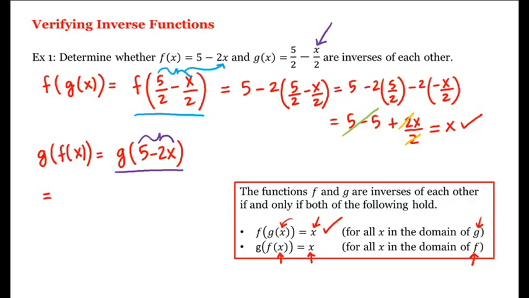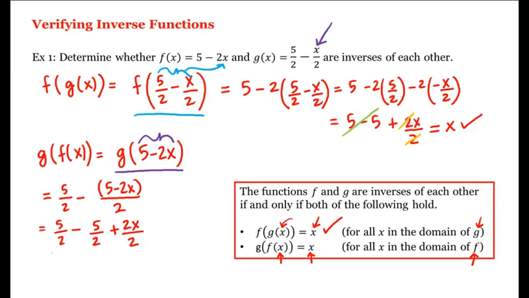That is, this is equal to 5 halves minus this whole input, or 5 minus 2x, all divided by 2, which is equal to 5 halves minus, and then dividing both terms in the numerator by 2, and distributing our negative gives us 5 halves minus a minus 2x over 2, or a plus 2x over 2.